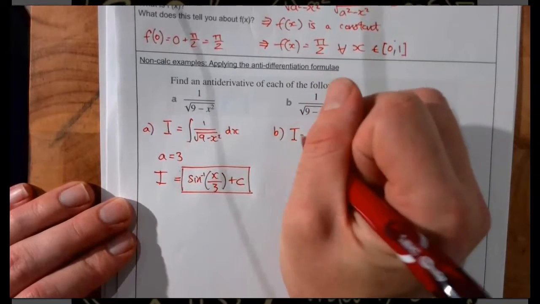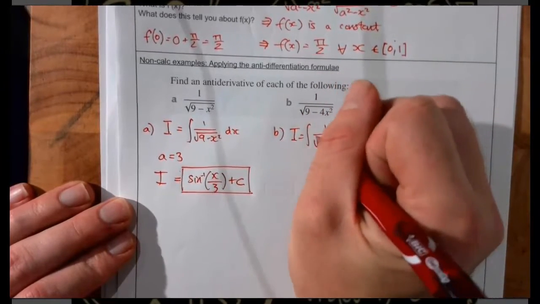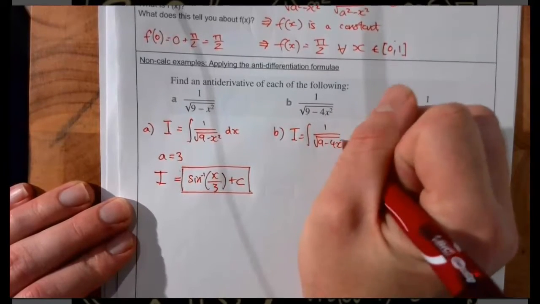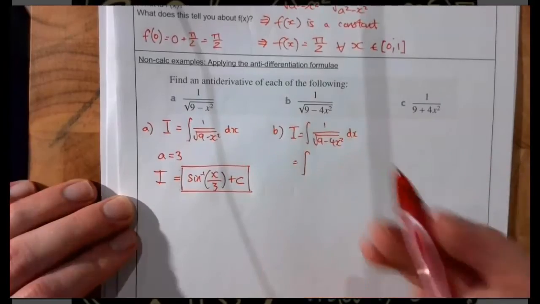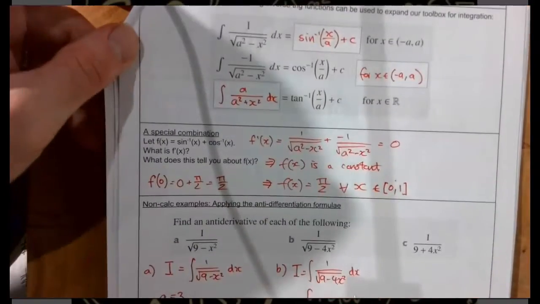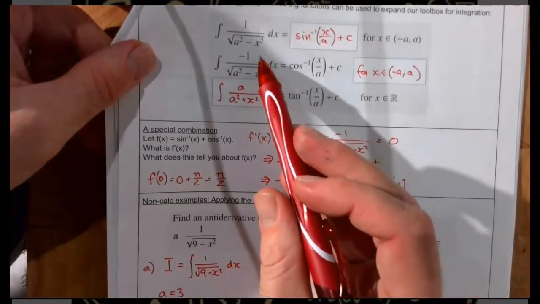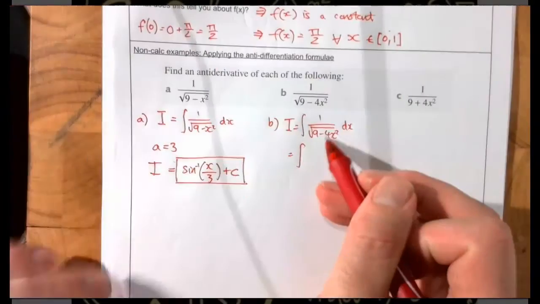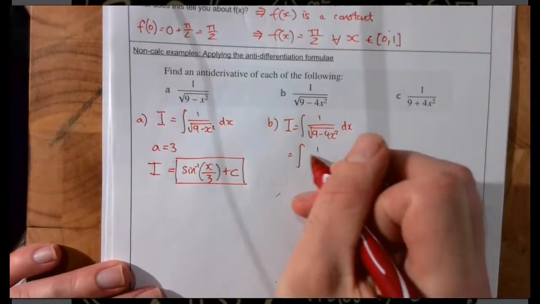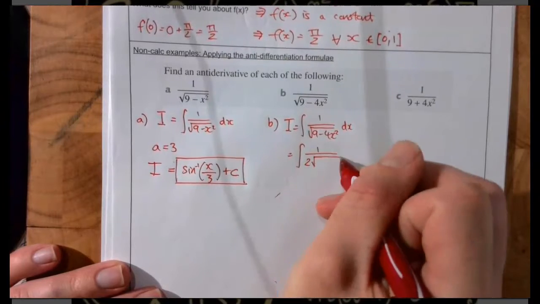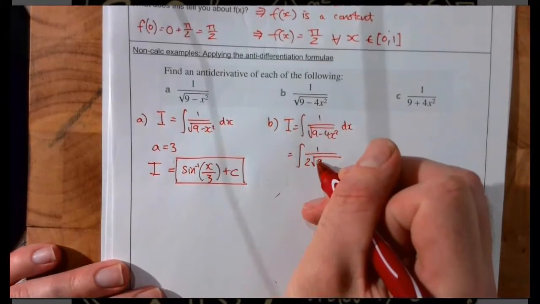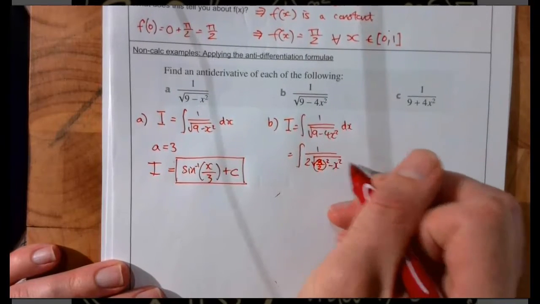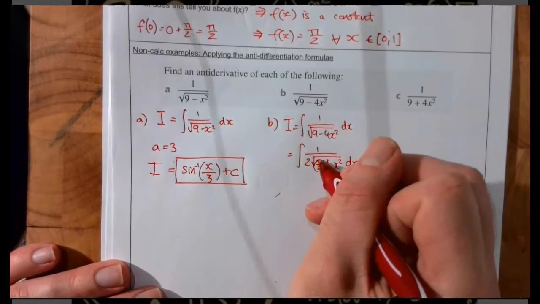the integral is 1 over root 9 minus 4x squared dx. And then what I'm going to do is just start to adapt this a little bit so that my form matches the one that I've got up here. So the problem is the 4x squared. So what I'm going to do is bring a 2 outside of that square root. Sorry, this is not the best.